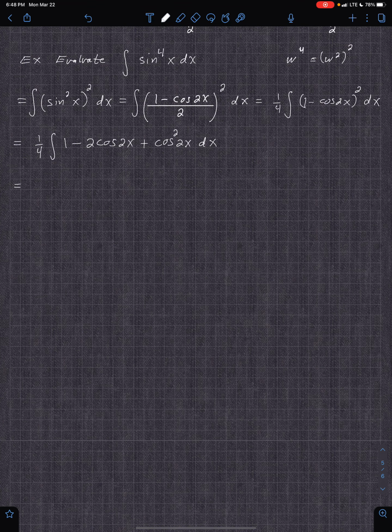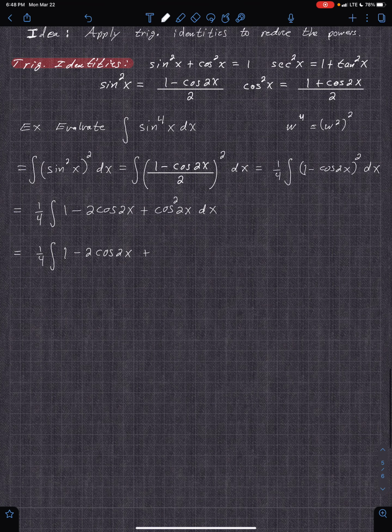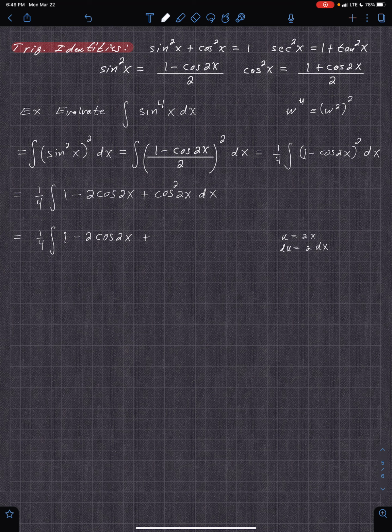This equals 1/4 integral of 1 minus 2 cosine 2x, and then plus, let's be careful here, because I have cosine squared 2x, so I need to replace the 2x with 4x. Basically, u is 2x, so du is 2 dx.